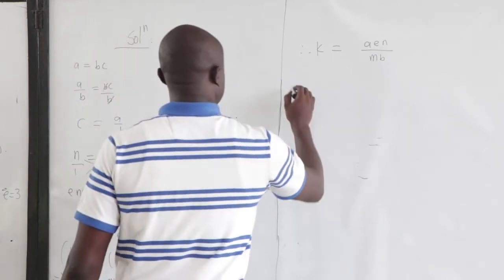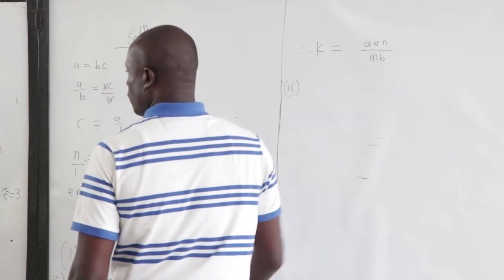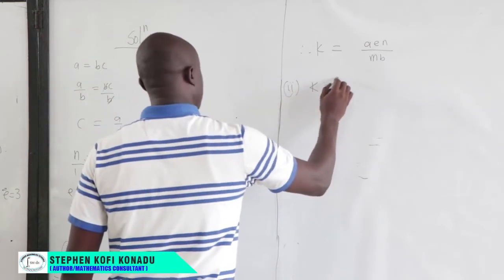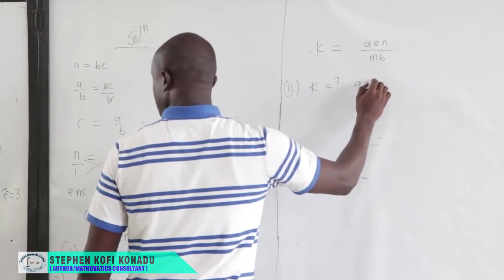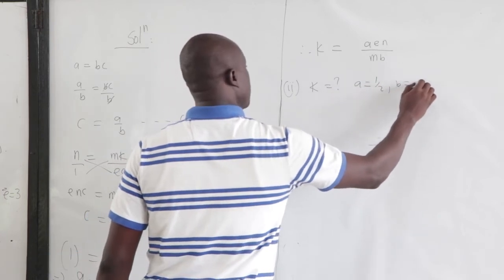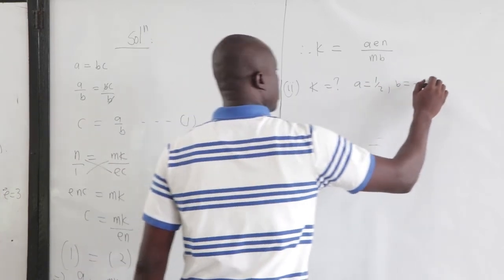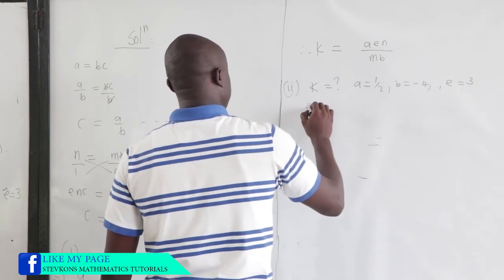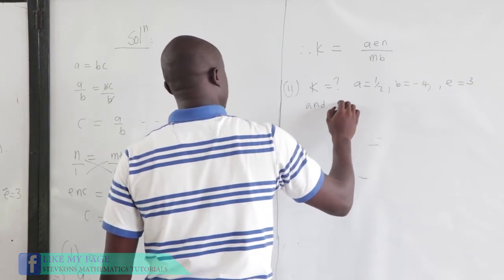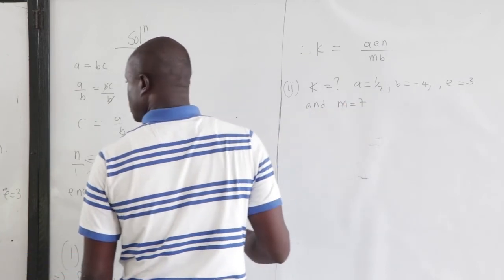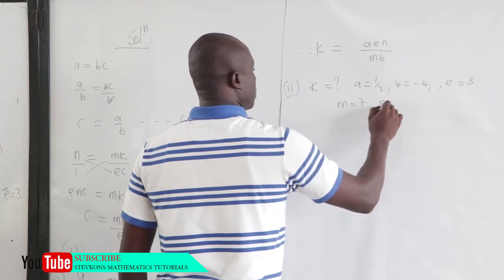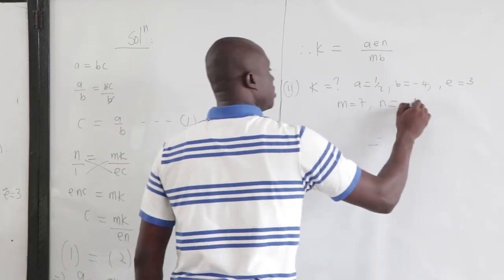Now, what is the second part saying? It says that we should find K correct to three significant figures, when A is half, B is -4, E is 3, M is 7, N is -5.